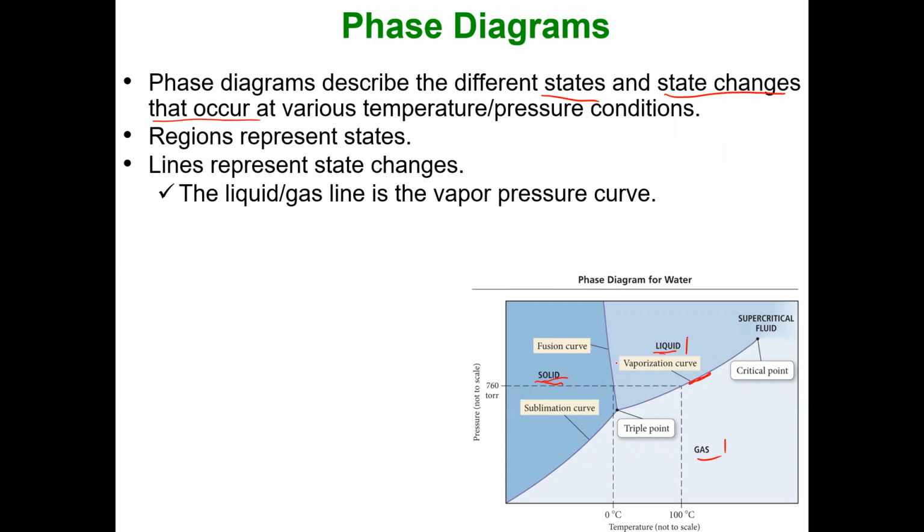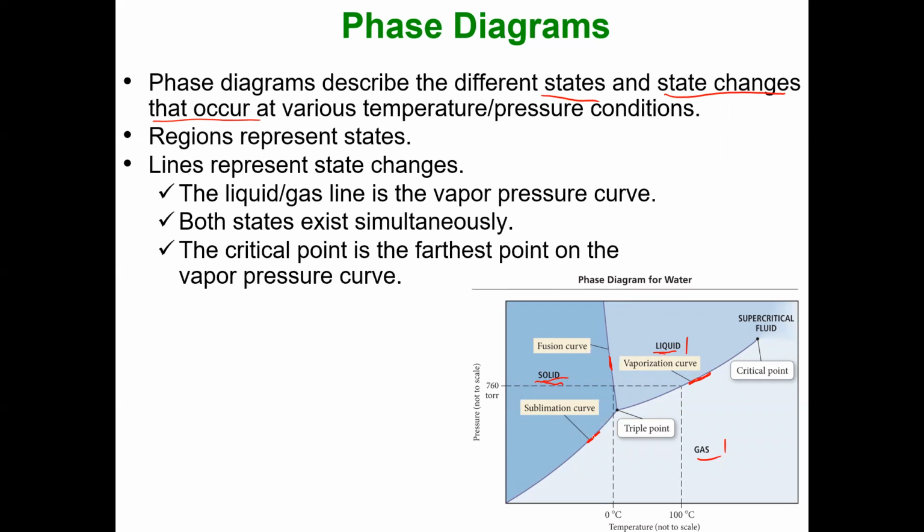Between the solid and the liquid, that line is the fusion, where we see the melting and the freezing. And this line between the solid and the gas is sublimation. At that point, you can have both states. The critical point, again, is that far point.